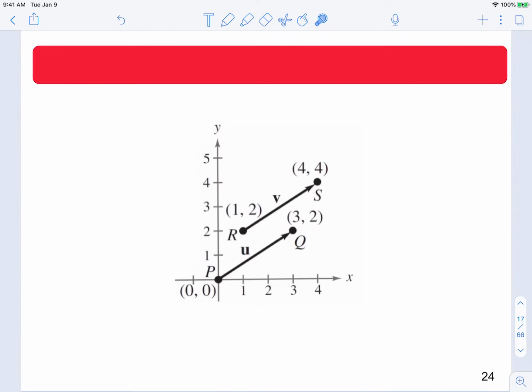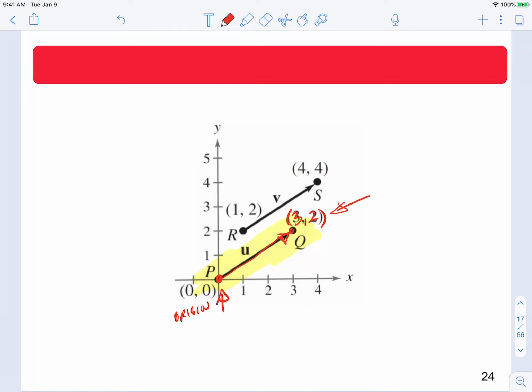Well, in the previous example, we took a look at this vector u, the directed line segment PQ. Notice that its initial point is at the origin (0, 0), and it goes out to this terminal point, in this case the point (3, 2).